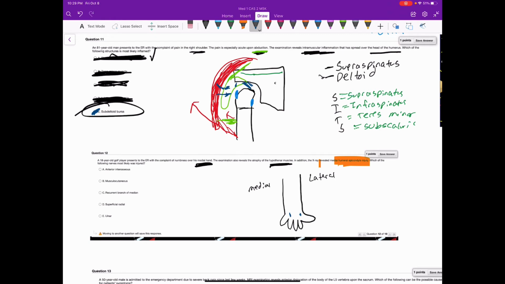But we still don't have the answer here. We have something wrong with the medial humeral epicondyle. So the medial is going to be right over here. This is going to be the medial epicondyle. This is going to be the lateral epicondyle. But we still don't have an answer, so let's go through the choices. Anterior interosseous. Well, this is a muscle, so no. Musculocutaneous.